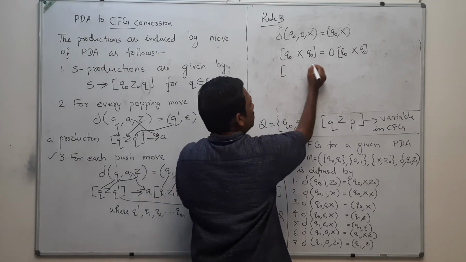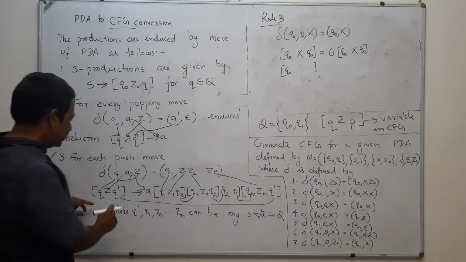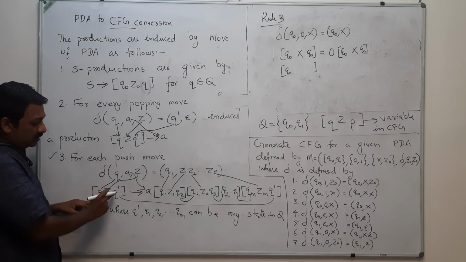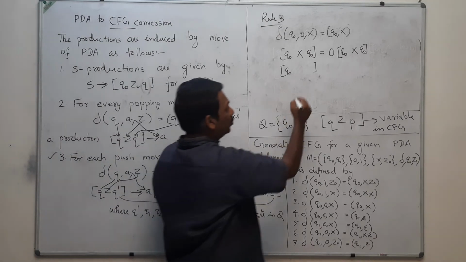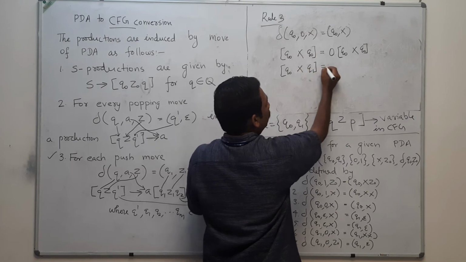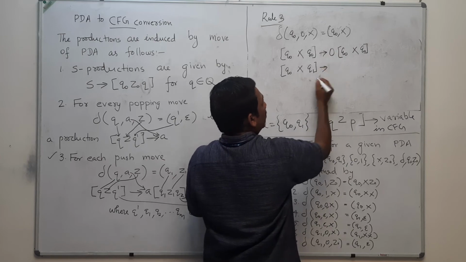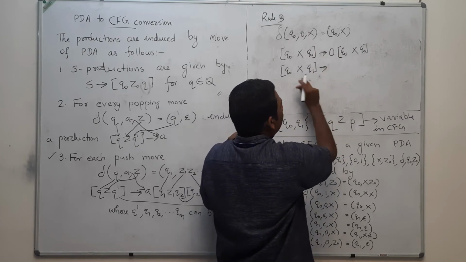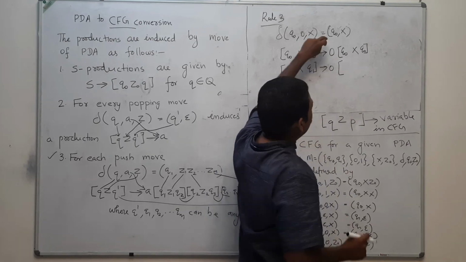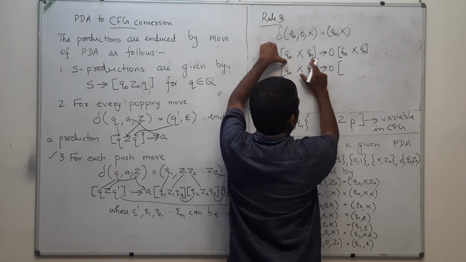Now another one is from Q0, that means this Q dash is taking different values. The first case is Q0 and the second case is Q1. Q0 to Q1 you have to move. Then this x has to be copied here, this is not equal to, actually it is deriving, and you have to start from Q0 and you have to reach Q0.